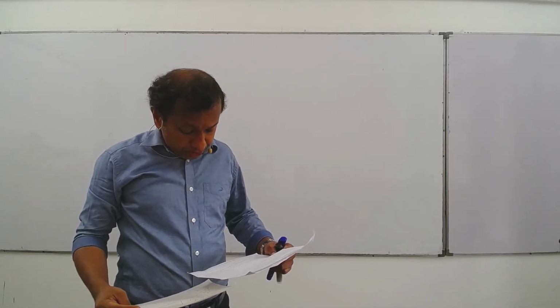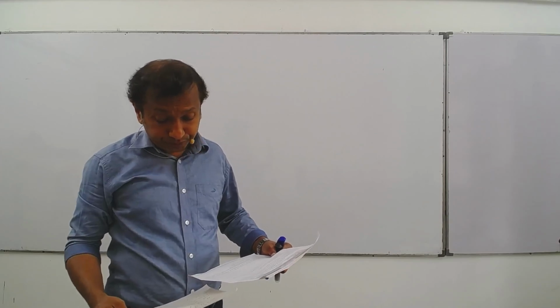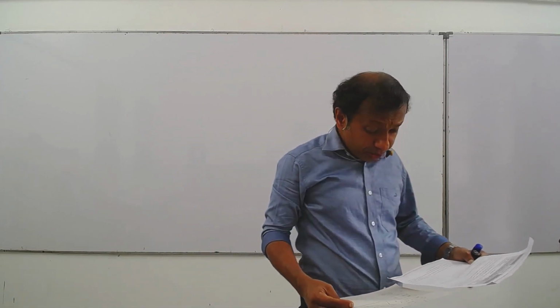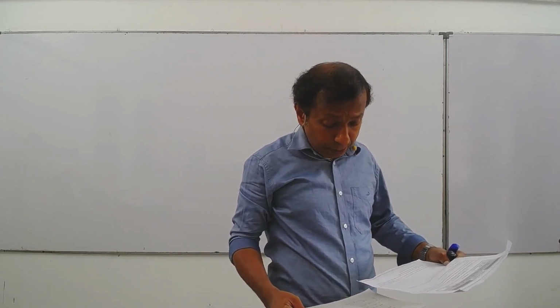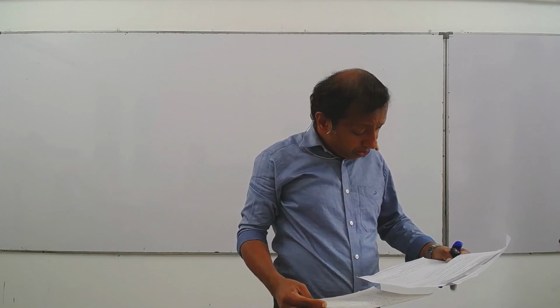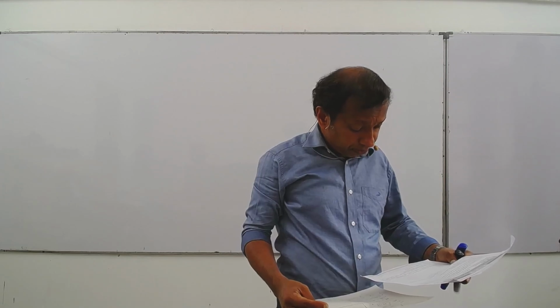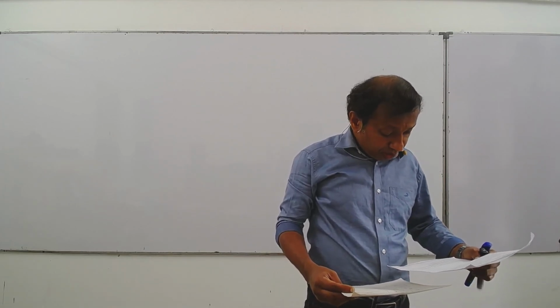D is a point on OA such that OD to DA is 2:1. E is the midpoint of OB. The lines CE and BD meet at F. If it is given that OA equals vector A and OB equals vector B, find BD and CE.